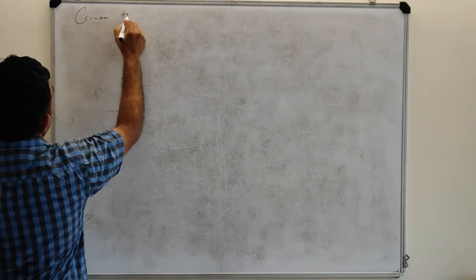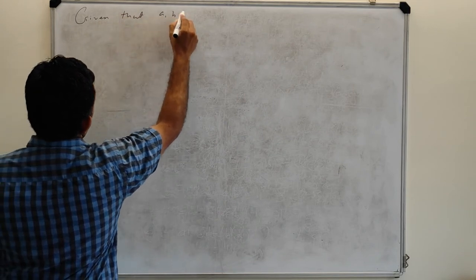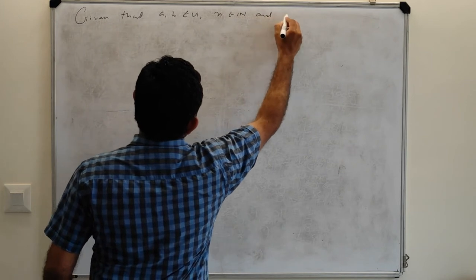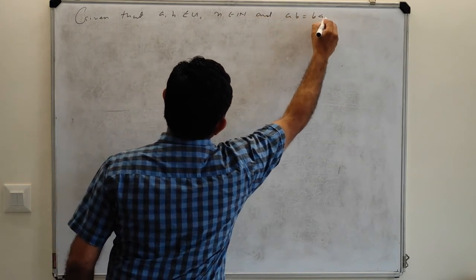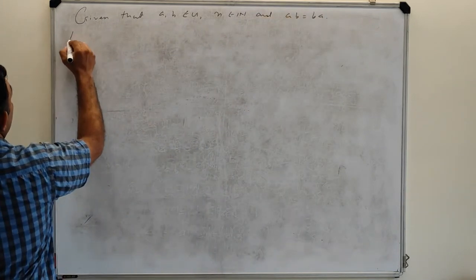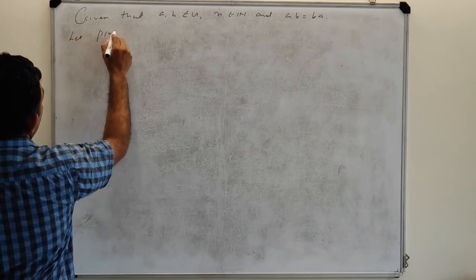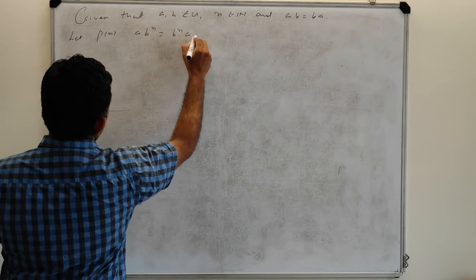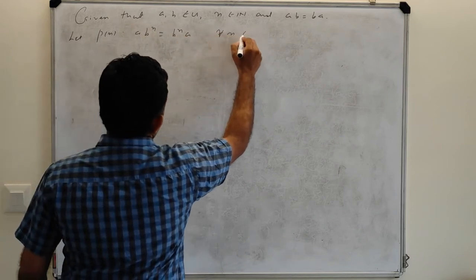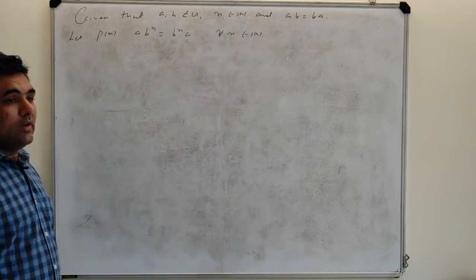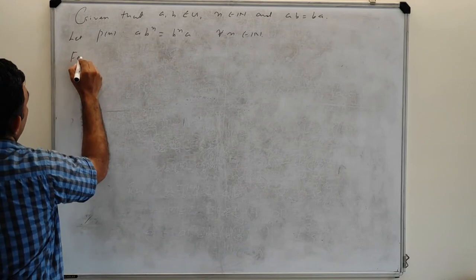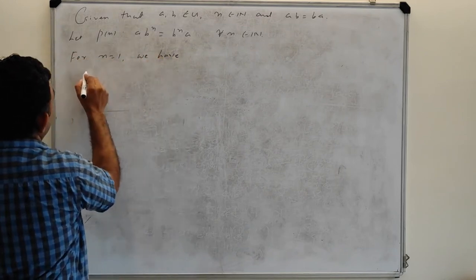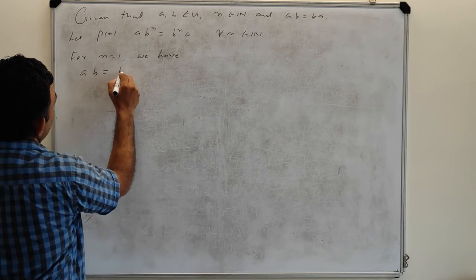So given that A, B belong to G, n belongs to N, and AB is equal to BA. Let Pn be: AB raised to n is equal to B raised to n into A for all n belongs to N. Now for n equal to 1, we have AB is equal to BA.